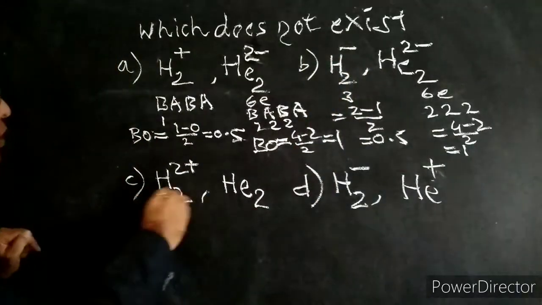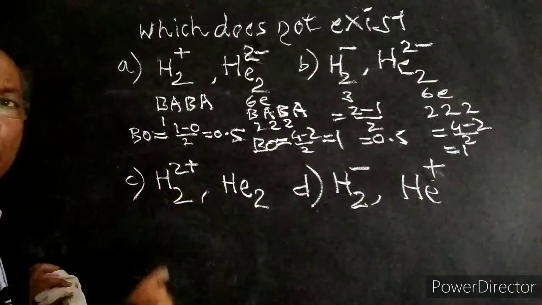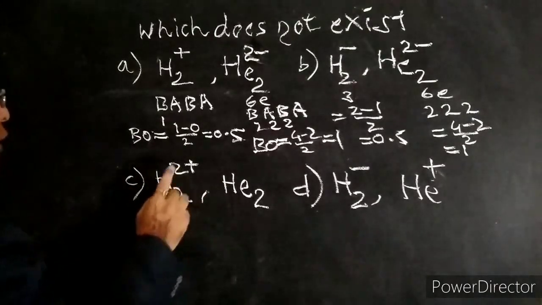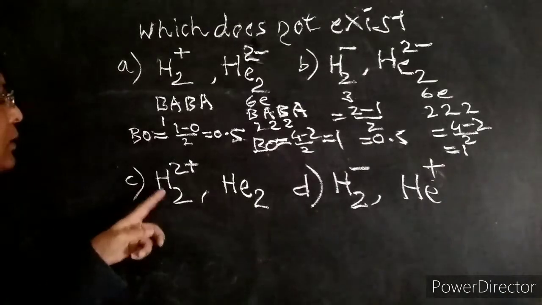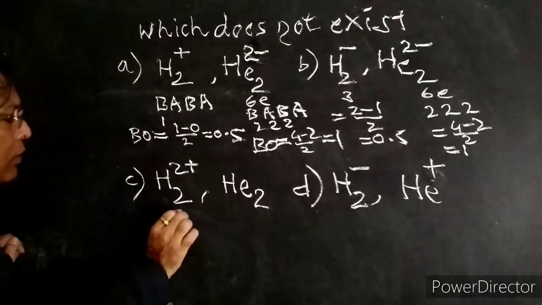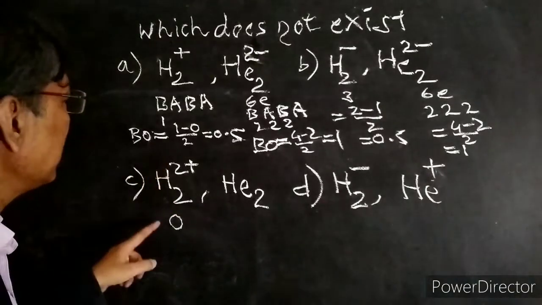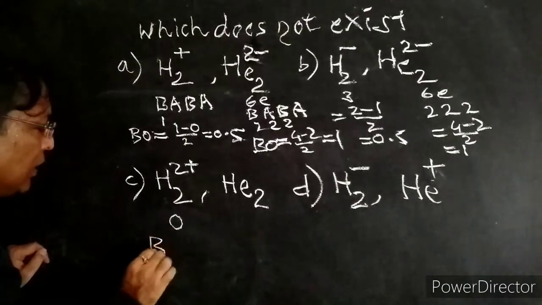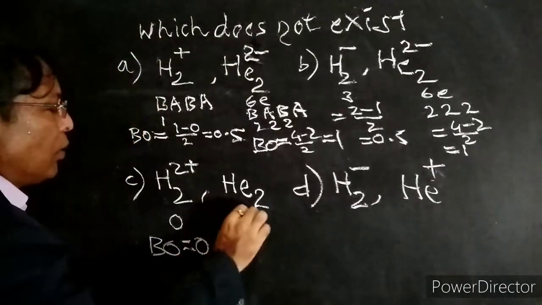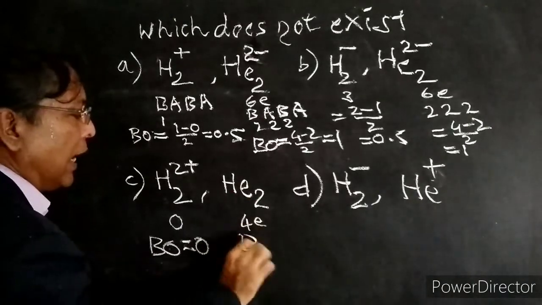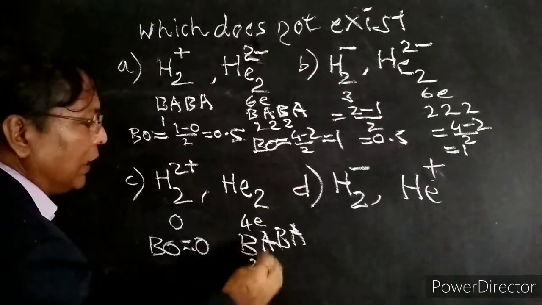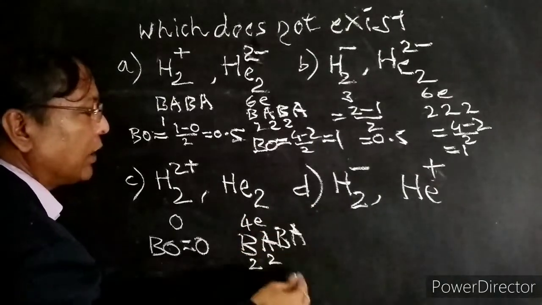Now let us test this option. Let us find the bond order in option C. This H2 2 plus has 2 electrons and it has lost 2 electrons, therefore the number of electrons in H2 2 plus is 0, therefore its bond order is 0. In He2, total number of electrons is 4, and let us distribute the electrons. 2 electrons enter into bonding, 2 electrons enter into anti-bonding.